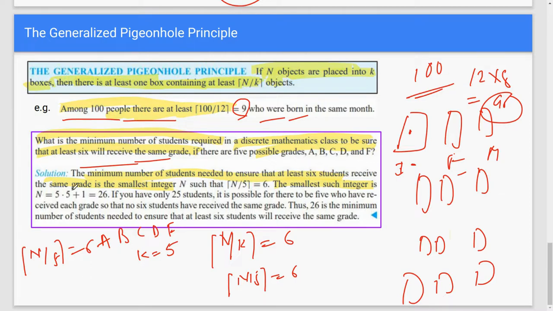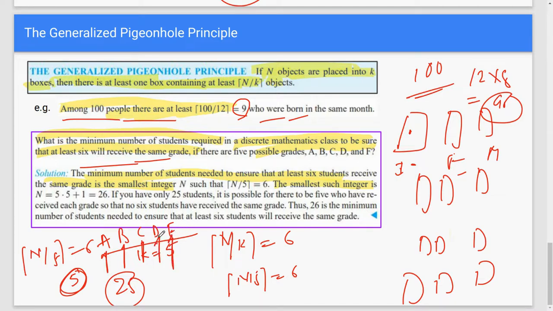So let's say we have 5 possible grades. Let's say we choose 25 students. In the worst case, 5 students get this grade, 5 get this grade, 5 get this grade, 5 get this grade, and 5 get this grade.